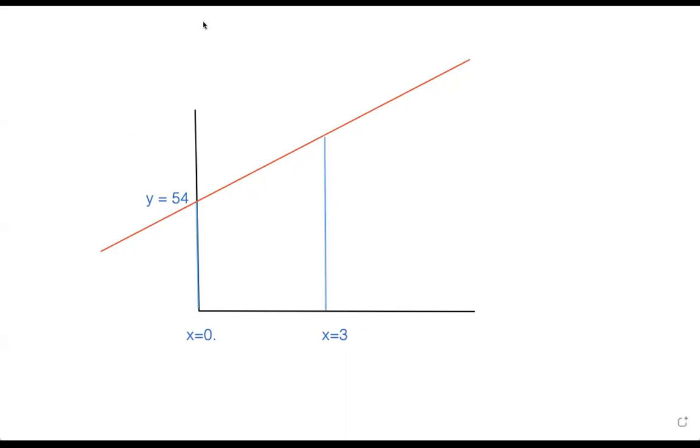Okay, and then so here you said you have y is equal to 69, right?